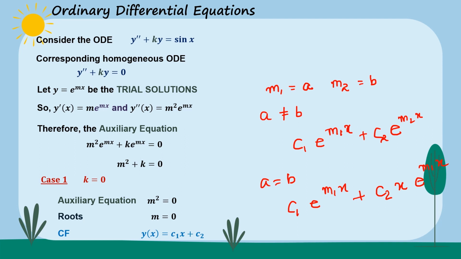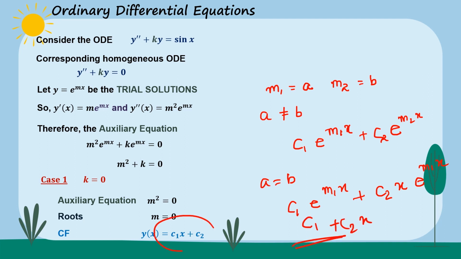Now see that, if I consider m equal to 0, m is 0, 0 is the root. So here m equal to 0 is a root of multiplicity 2. Therefore we can substitute m1x as 0, so it will be c1 times 1 plus c2x. So that's the solution.